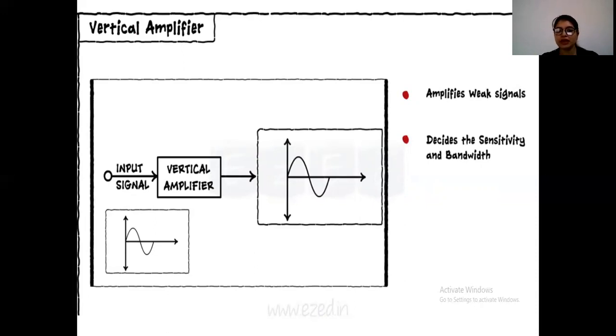So when we provide input signal to our vertical amplifier, its main function is to amplify the signal. As the name suggests, it is an amplifier. So it will boost up the signal and the amplitude of the signal will be increased. So the main function of vertical amplifier is to amplify weak signal and to decide the sensitivity and bandwidth.